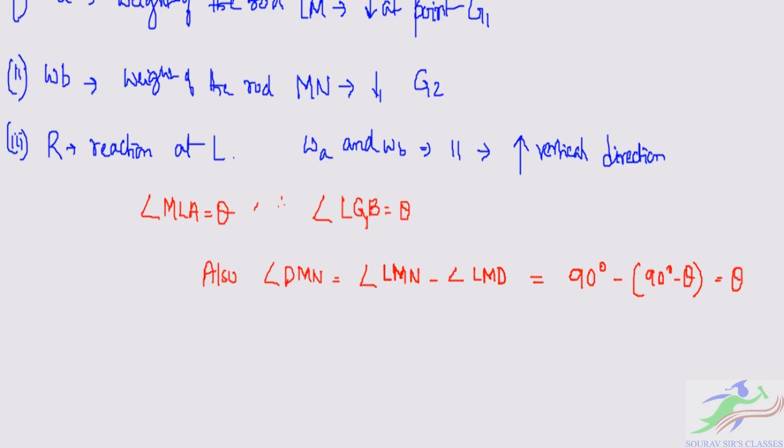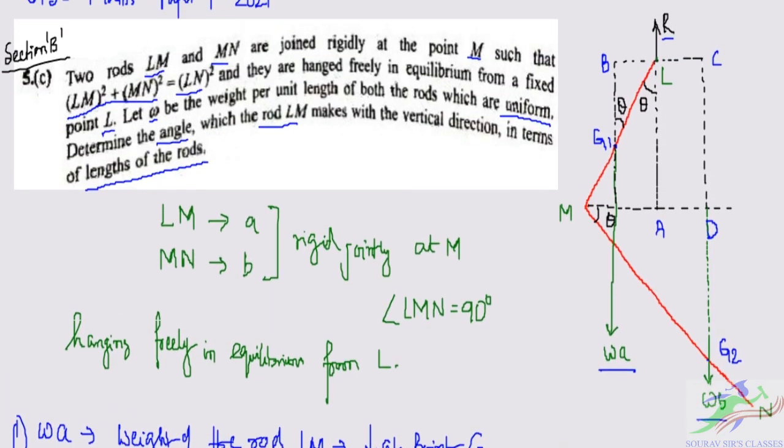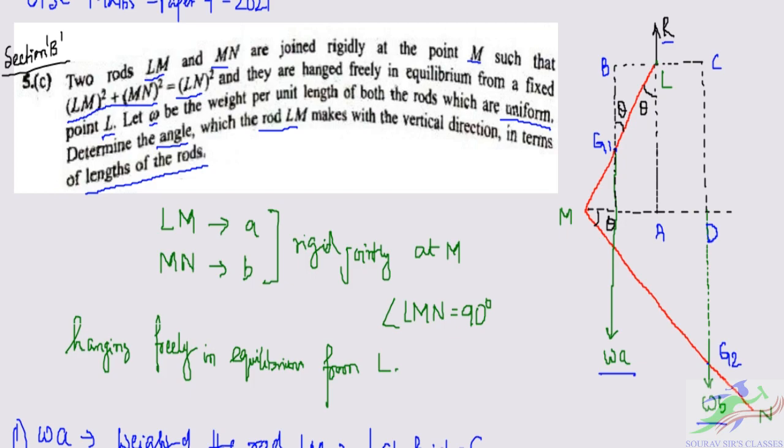To avoid the reaction R, taking moments of all the forces about the point L, we have omega A times LB equal to omega B times LC. Omega cancels out, so A times LB equals B times LC.